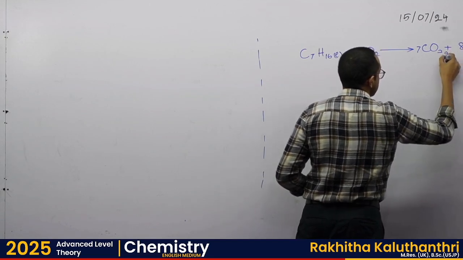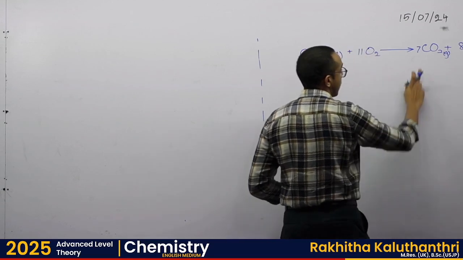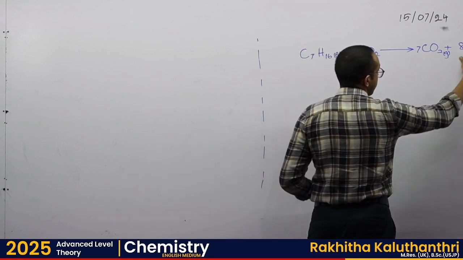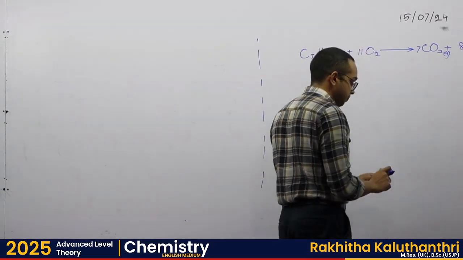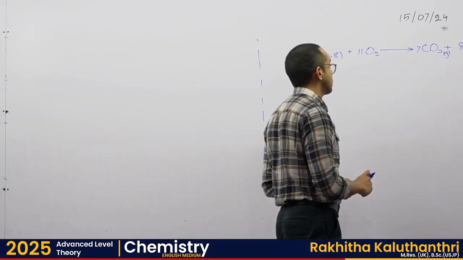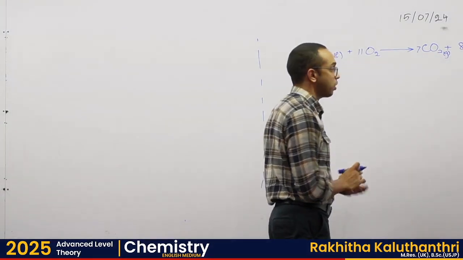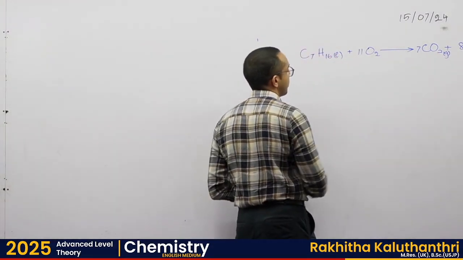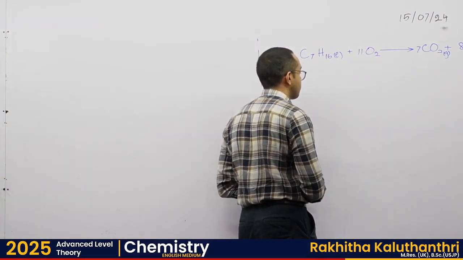This is gas, that is liquid. So we have 14 oxygens plus 8 oxygens altogether is 22 oxygens. That is why we have 11 oxygen molecules here.